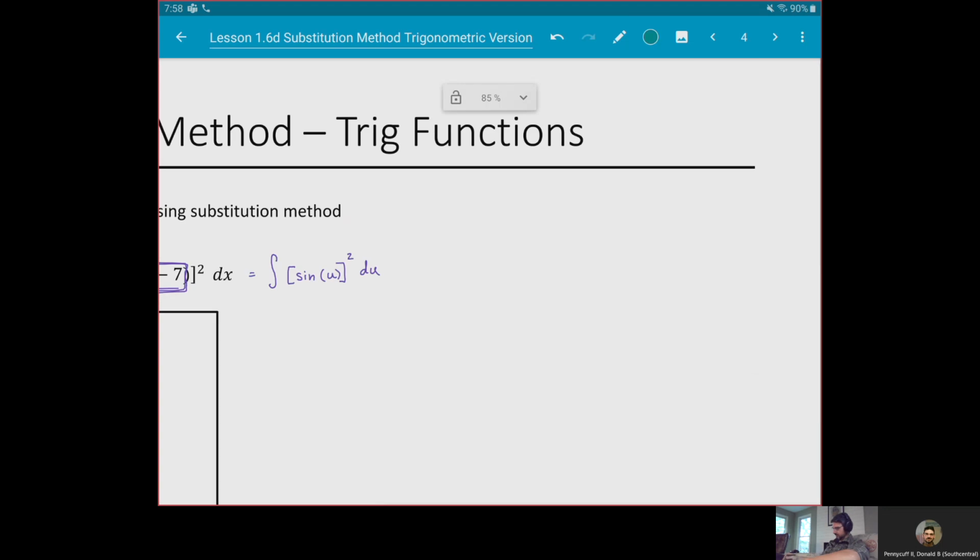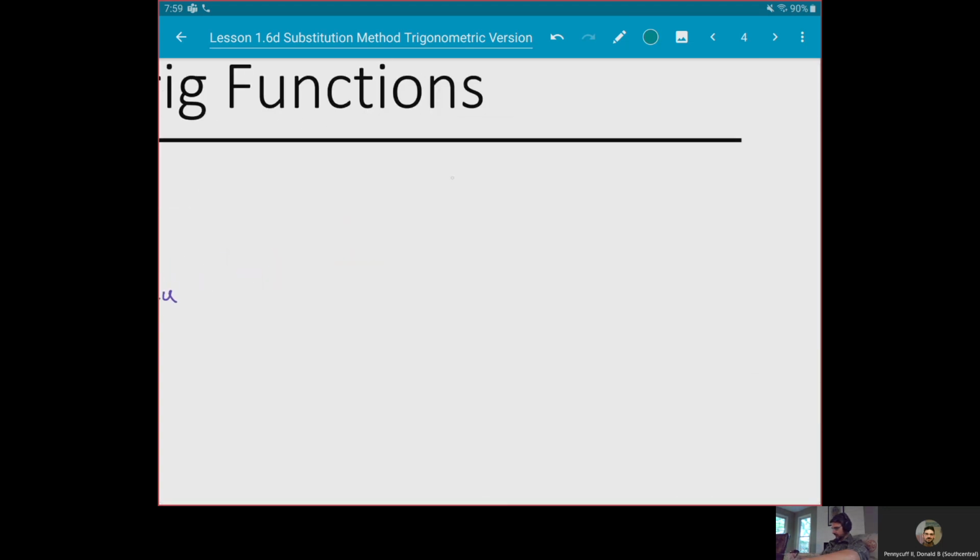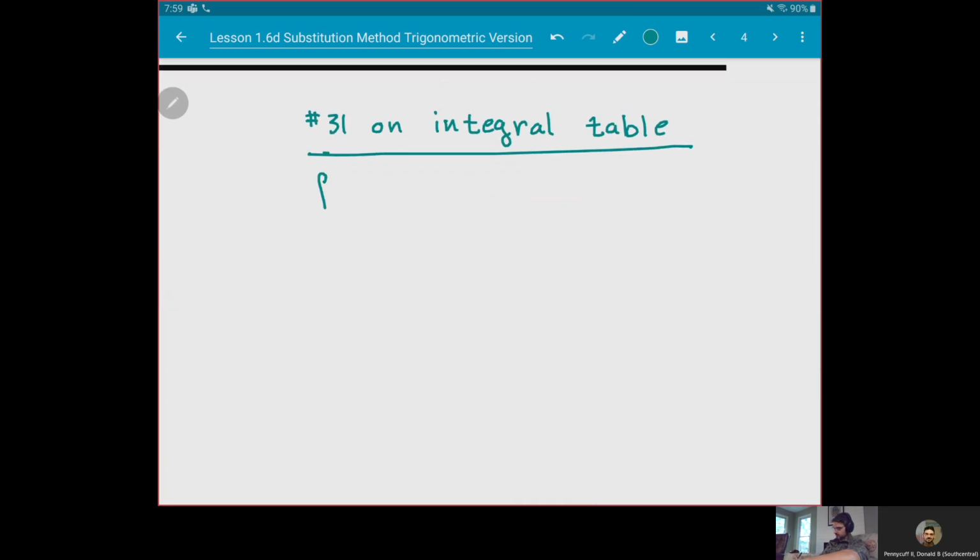So if you look at the integral table, let me go over here. Where do I want to put this? Let's put it right here. Number 31 on the integral table. The integral of sine squared x dx is equal to x over 2 minus sine of 2x over 4 plus c.